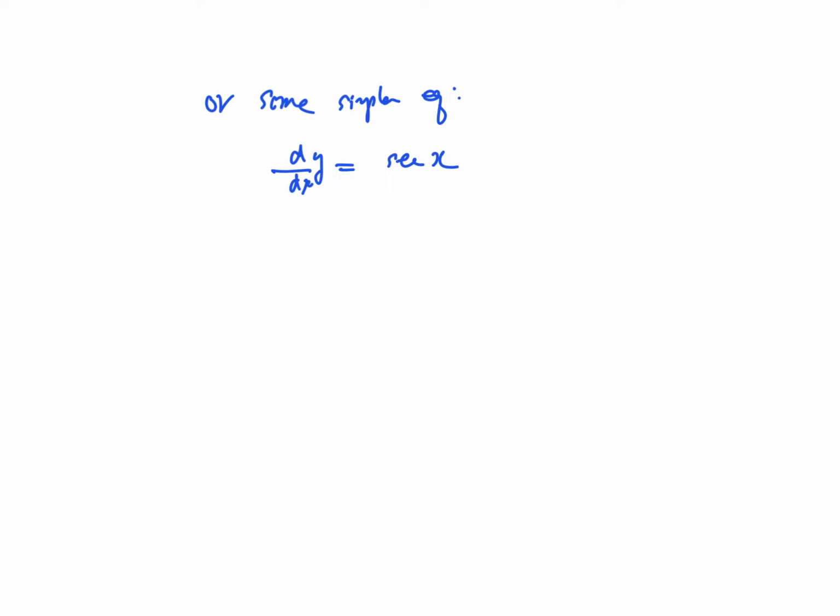Is there any way that you can find the original function which, when you differentiate it, you will see secant x? We have some clue.